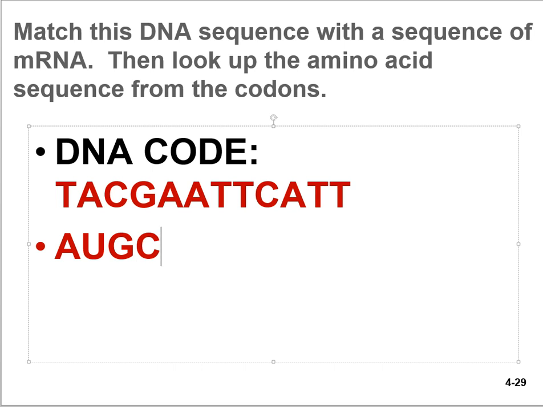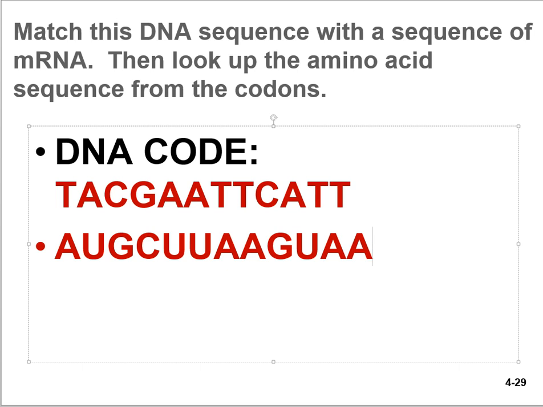Here we have two A's. Again, I can't put T's because RNA does not have any T's, so I've got to put U's there. T's go with A. RNA has A's, so that's good. C with G. A with T, but again, RNA does not have any T's, so put a U. And then two T's left, so that means A and A. All right, so there's our mRNA code.